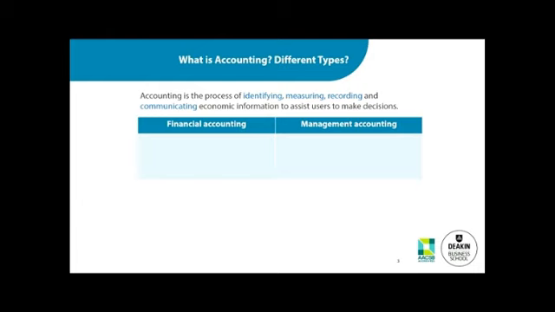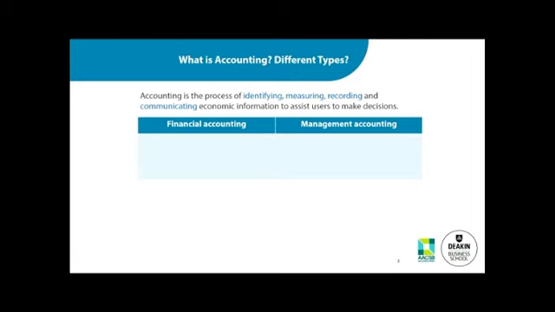So identify which transaction happened, measure the economic impact of this transaction, then analyze the transaction and record it in your books. Why should we analyze? Because the nature of transactions is different. One transaction is purchase of inventory.